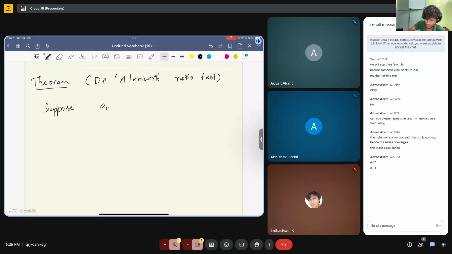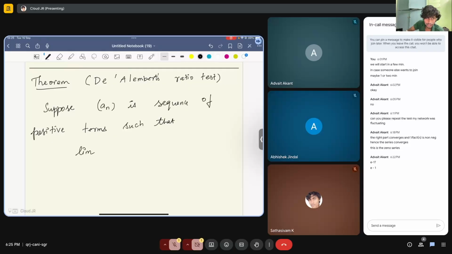Suppose here also you have a sequence of positive numbers. Here maybe I'll write.